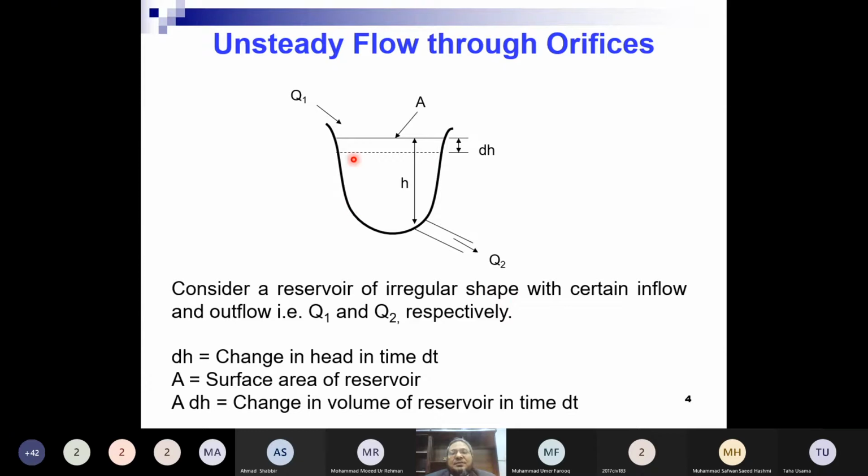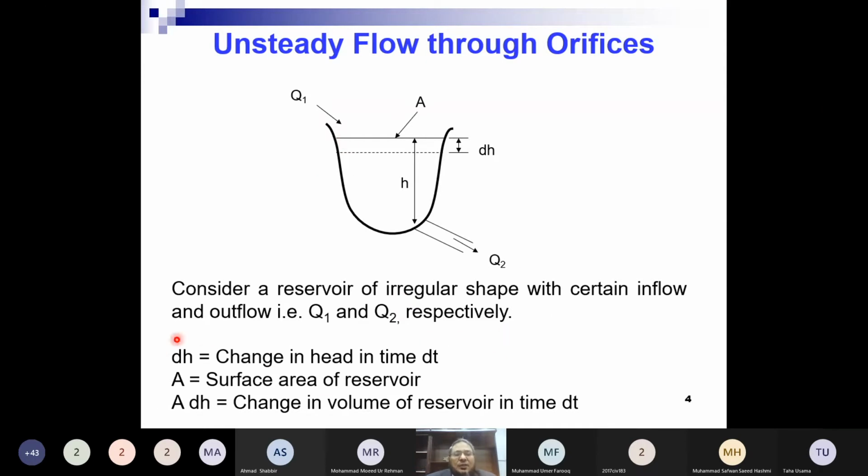Is this shape regular or irregular? It is irregular. This is not rectangular, triangular, or trapezoidal. So it is an irregular shape with certain inflow and outflow, Q1 and Q2 respectively.